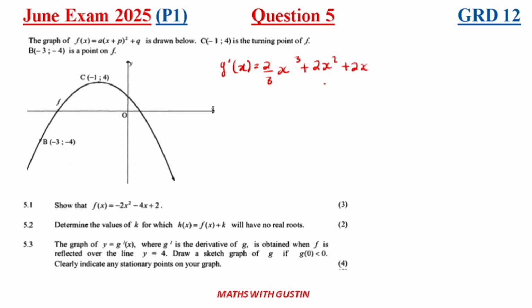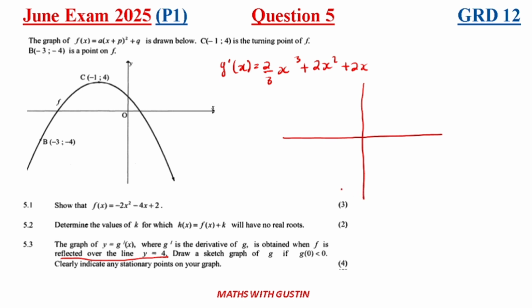So now, what they're asking us basically to sketch, the reason there's no negative here is because they're saying that they have reflected it over the y. So that's why I didn't put a negative there. So now they're asking us to sketch. I'm going to show you something, guys, very, very critical, very important for you to notice.